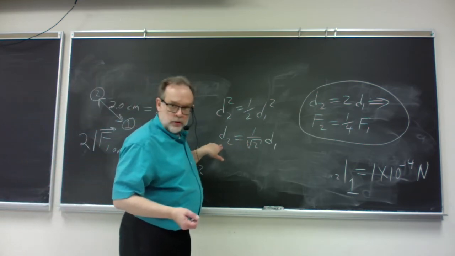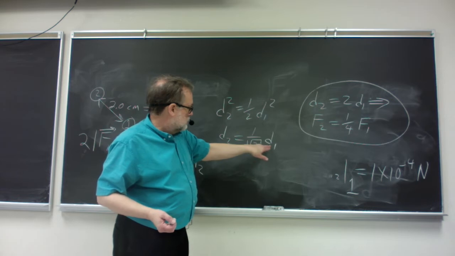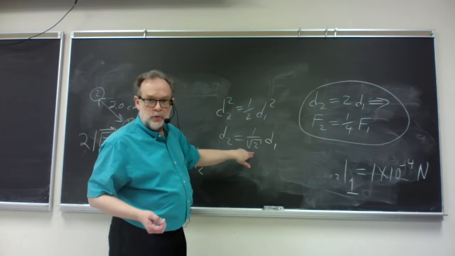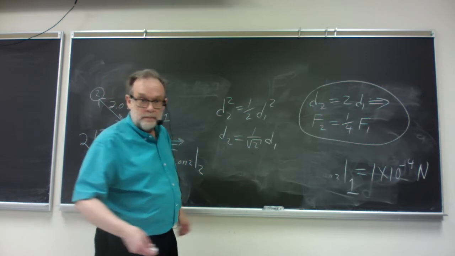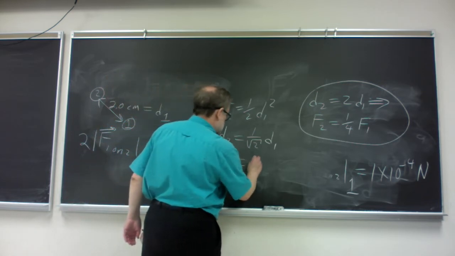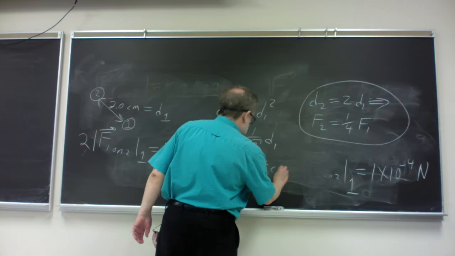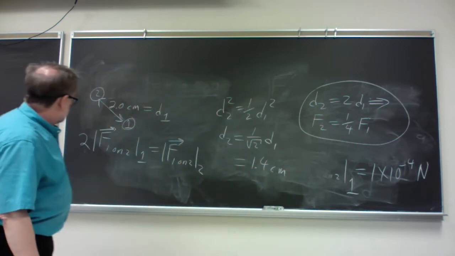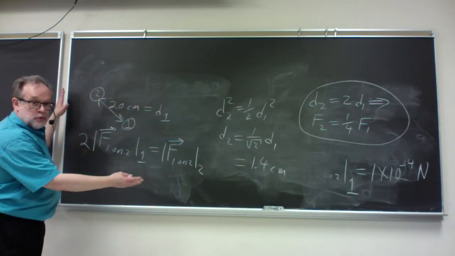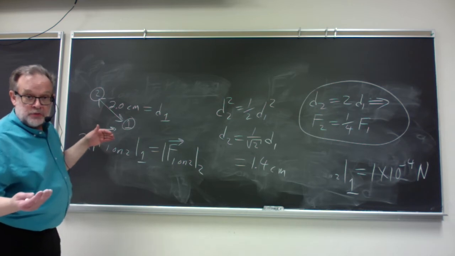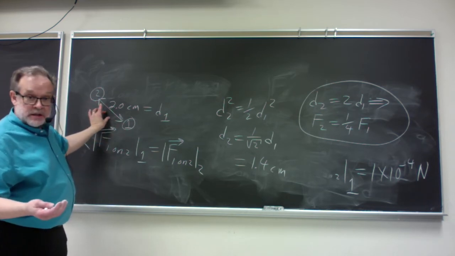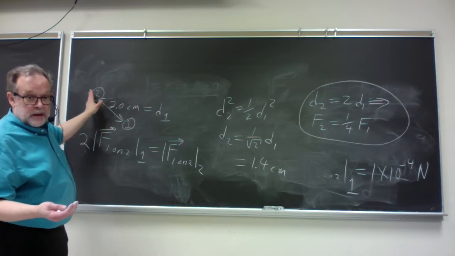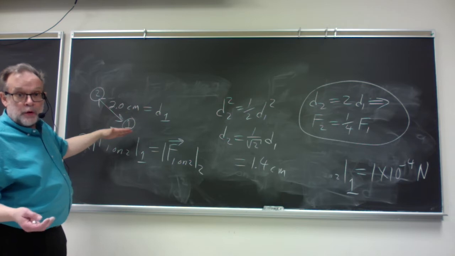So the new value of distance is 2 divided by the square root of 2, which will come out to about 1.4 centimeters. So to make the force twice as strong, we didn't have to cut this distance in half. We only cut it down from 2 to about 1.4.